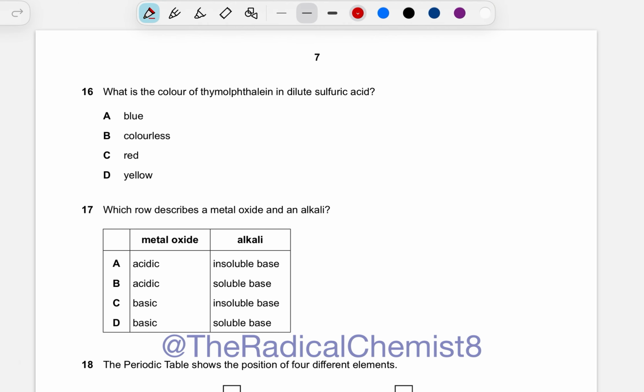Next, what is the color of thymolphthalein in dilute sulfuric acid? This is indicators. You need to know the color of thymolphthalein in acid and in alkali. In acid, thymolphthalein is colorless, and in alkali it's blue.